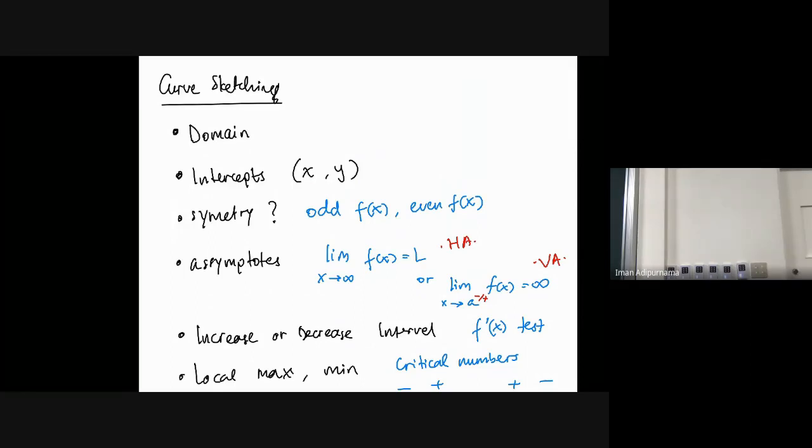Can your x be plugged into the function? If this is possible, that's not a problem. But if there is any exception, for example like 1 over x, x should not be 0. So 0 is probably your asymptote. But in the domain case, 0 should not be included, to make the function continuous.